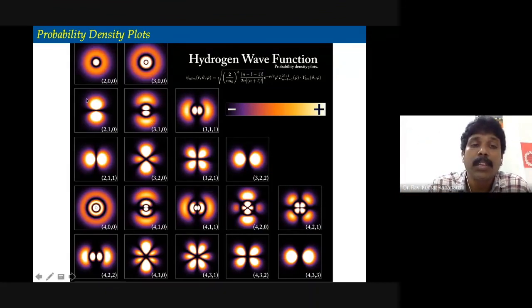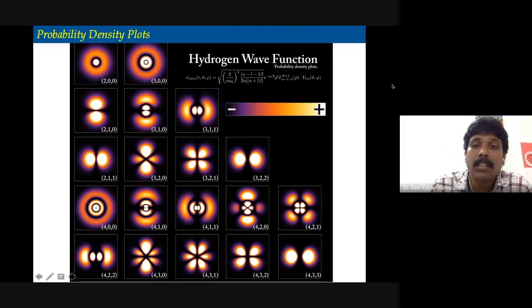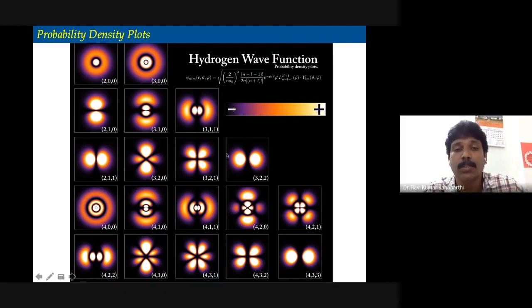And wherever you see a dark region in the density plot, that indicates the wave function becomes totally 0. And in between, you will see either this yellow color or the orange color. If the wave function is moderate, not 0 and not very high, then it will show in between these 2 colors.